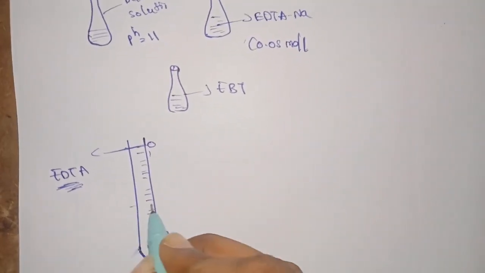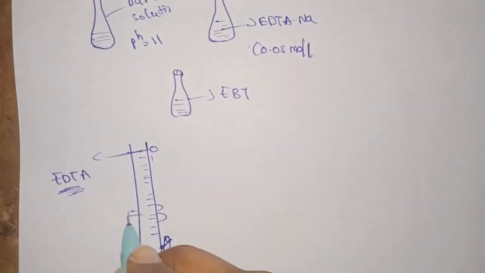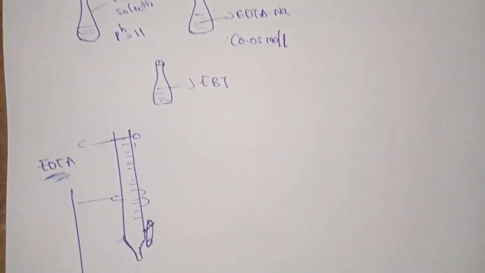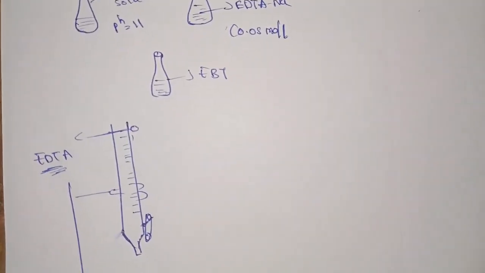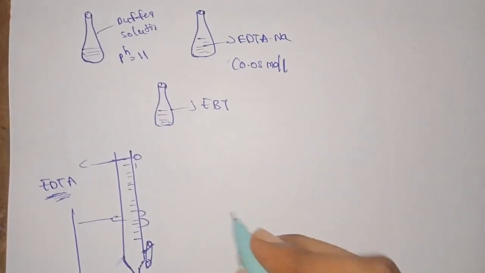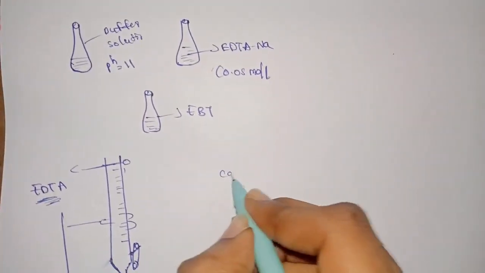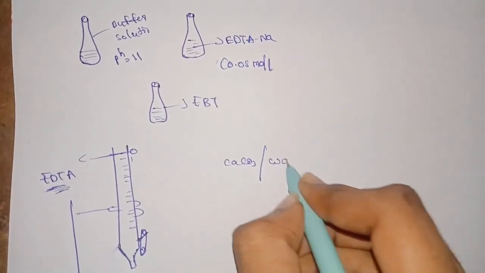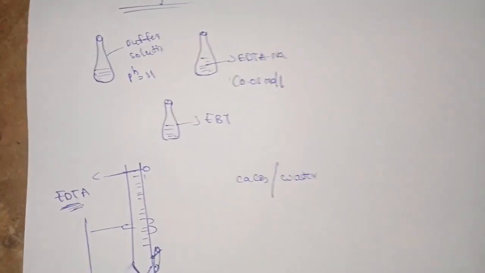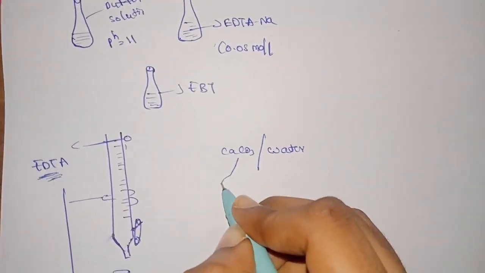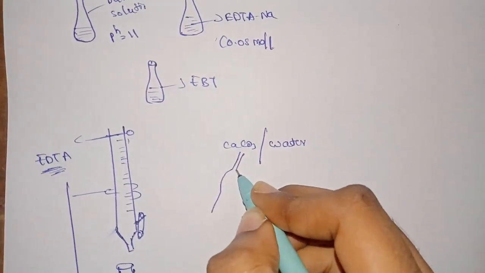After filling the EDTA, we take one conical flask. Into the conical flask we pipette out the calcium carbonate solution or water.